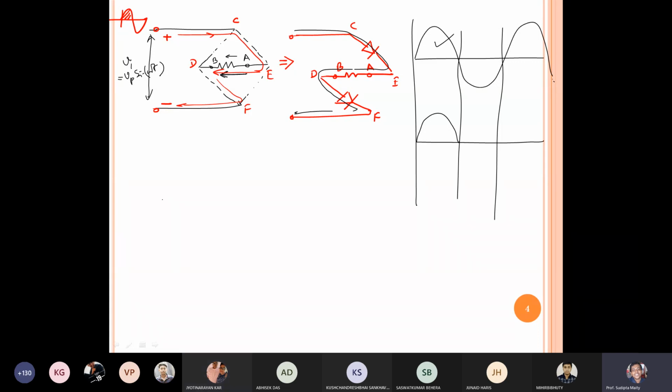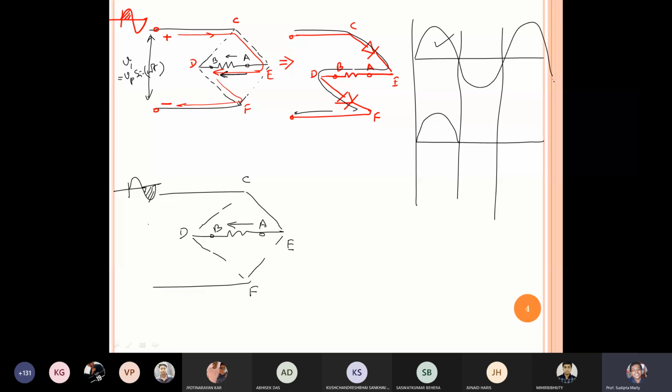Now suppose in the negative half cycle, this is again my connection. It is my terminal A, it is my terminal B, it is my C, it is my D, it is my E, it is my F. I want to flow the current in this case, but now we are considering the negative half cycle.